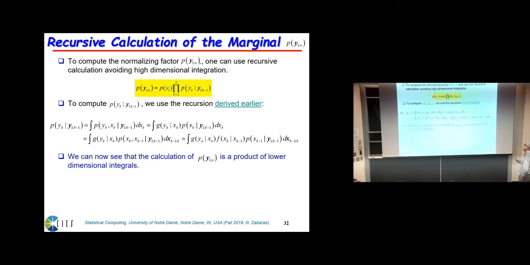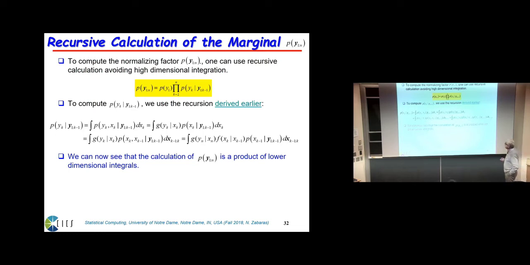Do you agree with me that the product rule of probability gives you this generic formula? The probability of y_1 to n is the probability of y_1, the probability of y_2 given y_1, the probability of y_3 given y_1 and y_2, etc.